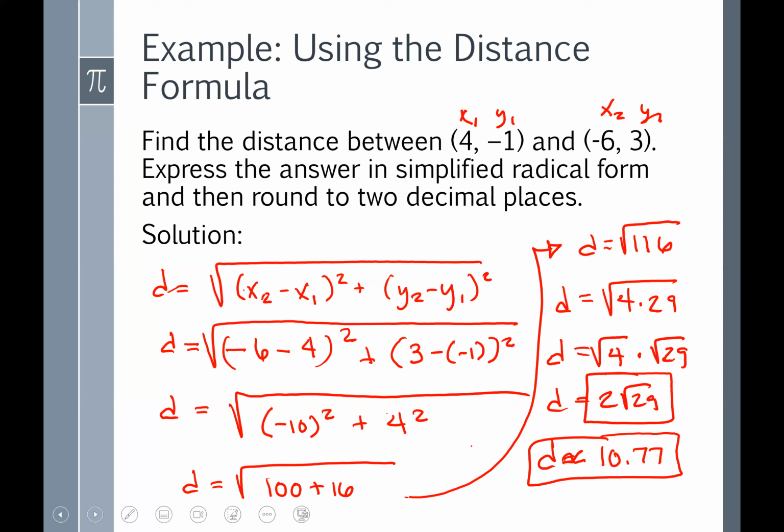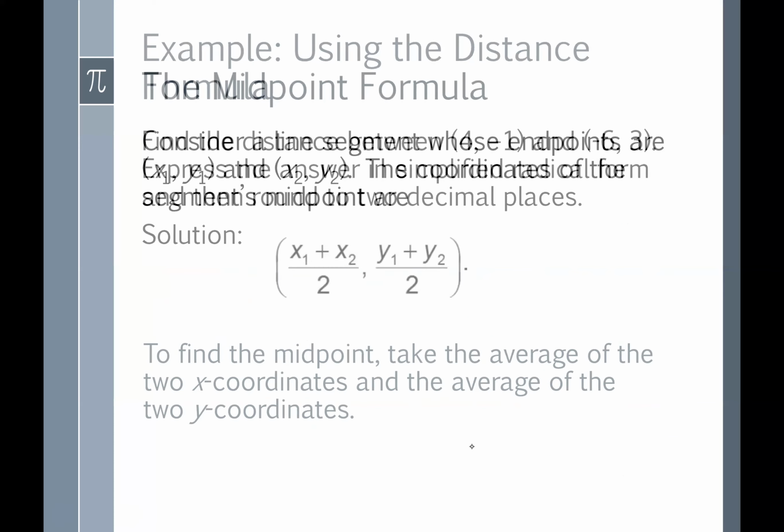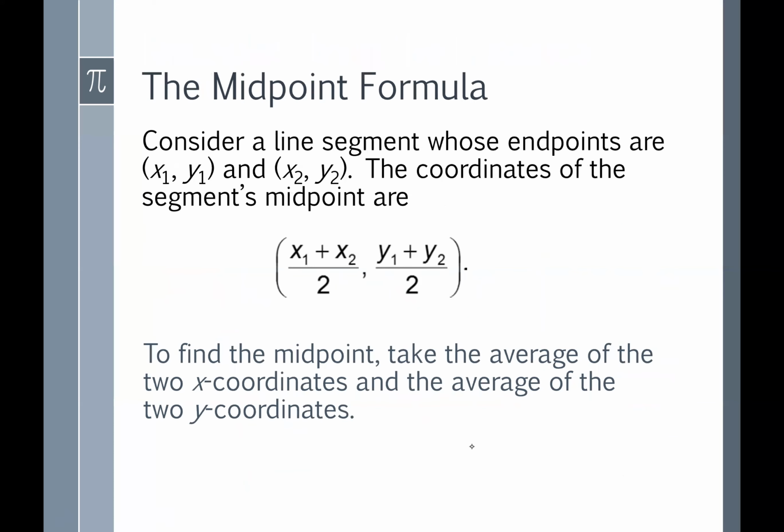All right, the next formula we are going to look at is the midpoint formula. And this is actually quite an easy formula to use. So if I have 2 points on the coordinate plane and I connect those 2 points by a line segment, then right in the middle of that line segment, its midpoint is given by this formula here.